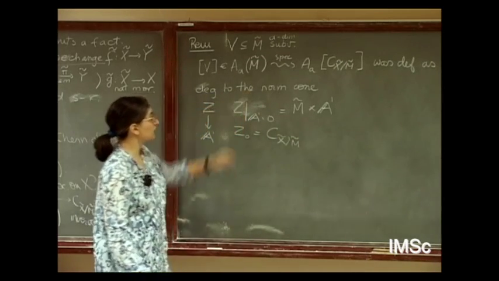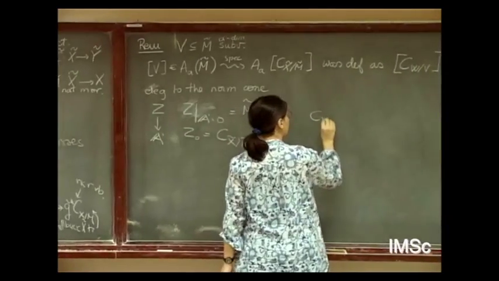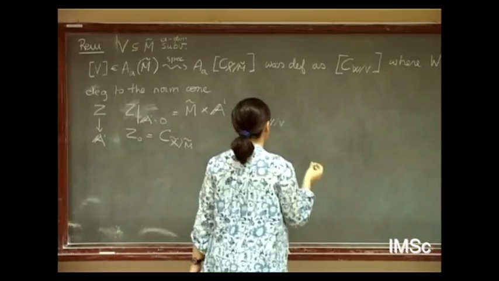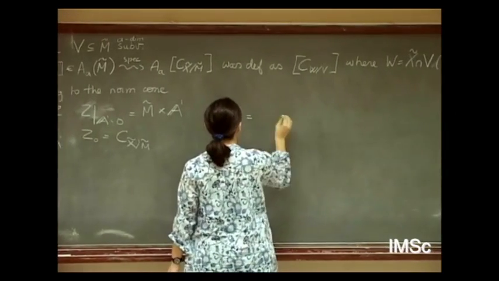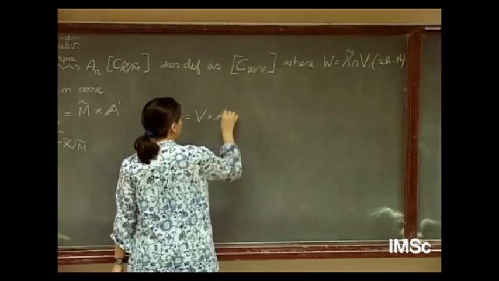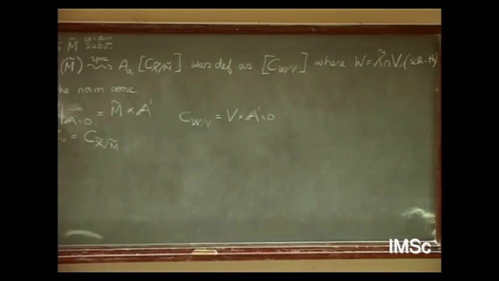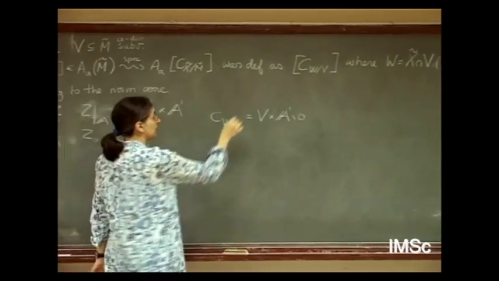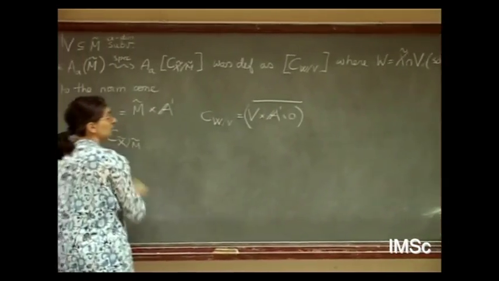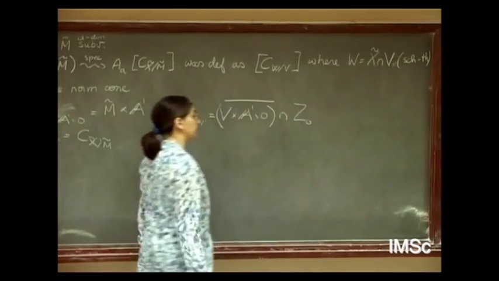And then what I can do is view C, the class of the CW in V, as nothing else but taking V times A1 minus 0, which is a closed subscheme here, take its closure inside Z, and then intersect it with Z0.